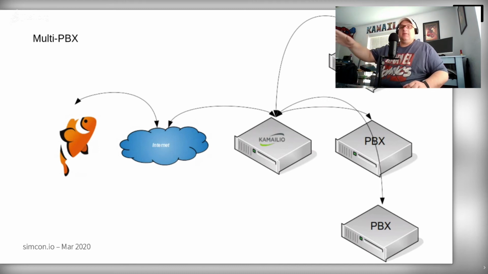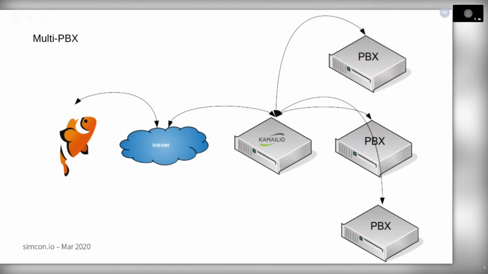So I have maybe one PBX handling voicemail and another one handling queues. Kamailio can sit in between the internet and the PBXs, and when Simwood traffic comes to you, it can determine which PBX it should go to, as well as if one PBX is down, it could then go to the other. And so you have a failover there.